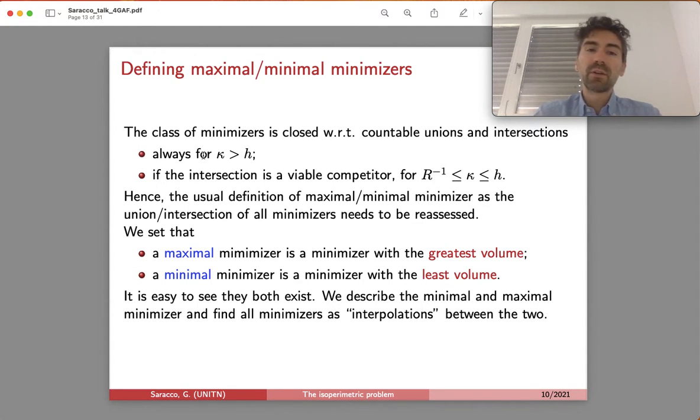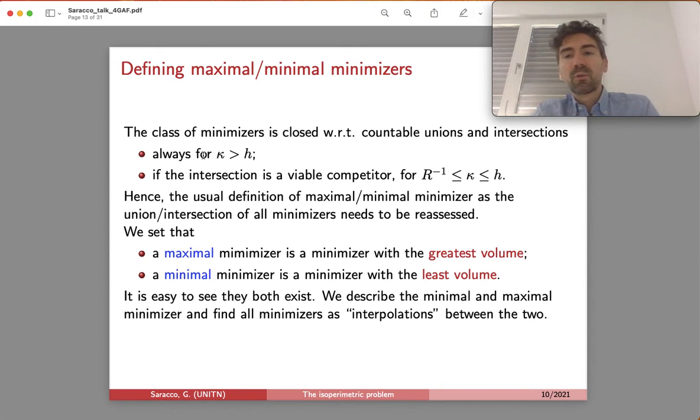When you go below, the problem is in general a bit more nasty, and you no longer enjoy this closure of the class of competitors. The union and the intersection of two minimizers is again a minimizer if the intersection is a viable competitor, so if the intersection has volume big enough to be a competitor.